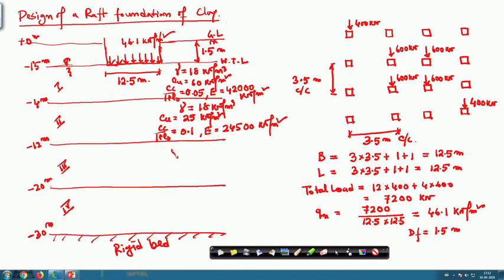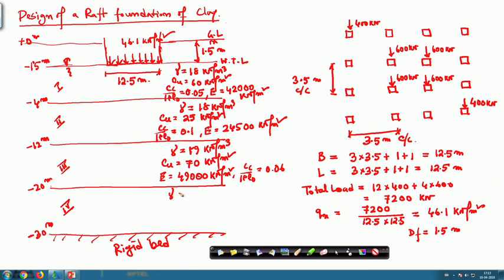For the third layer, unit weight is 19 kilonewton per meter cube, Cu is 70 kilonewton per meter square, E is 49,000 kilonewton per meter square, and Cc/(1+e0) is 0.06.